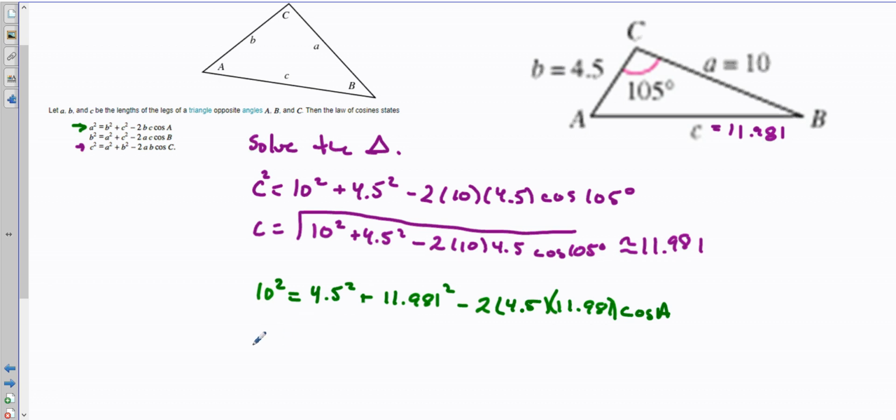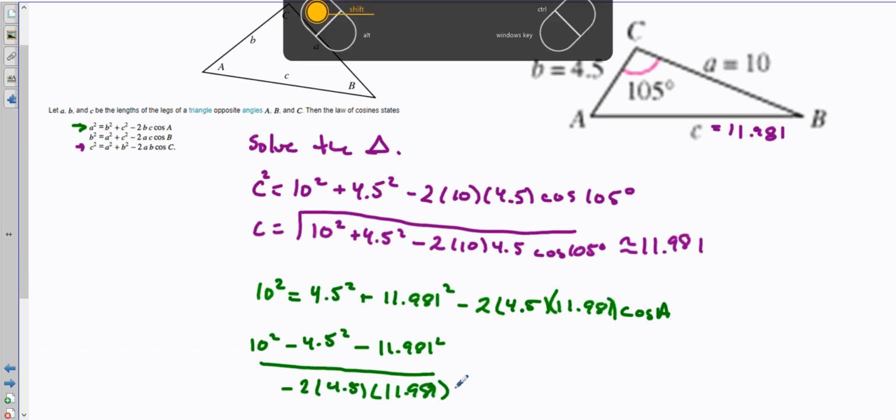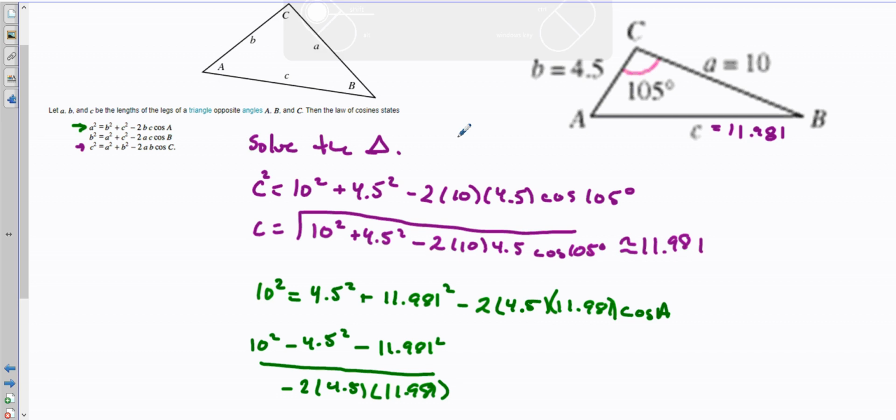We're going to take 10 squared, we'll minus 4.5 squared right here, we'll minus 11.981 squared right there. We'll then divide by negative 2 times 4.5 times 11.981. And that is going to equal the cosine.